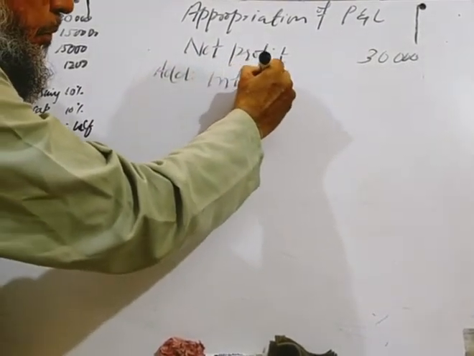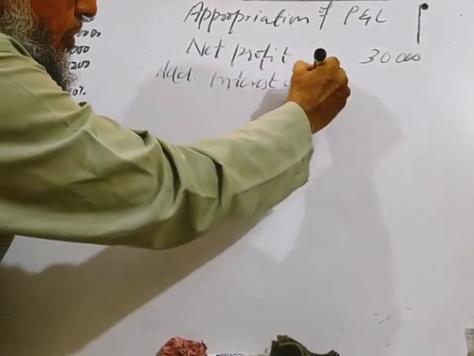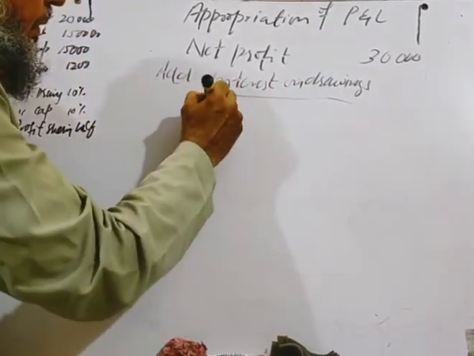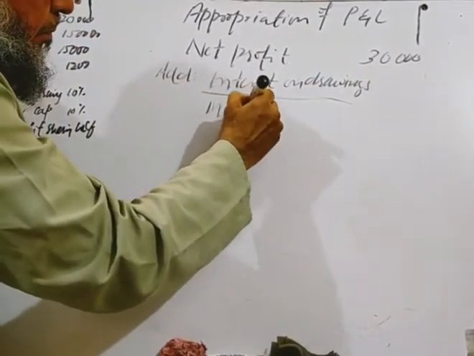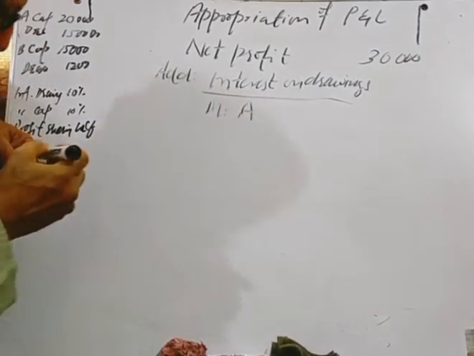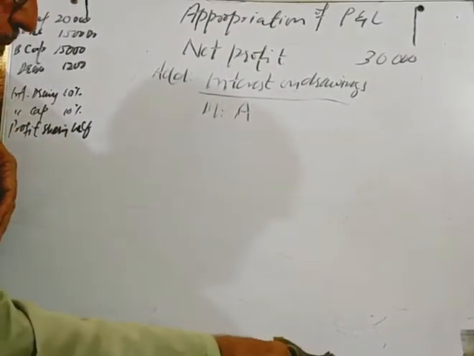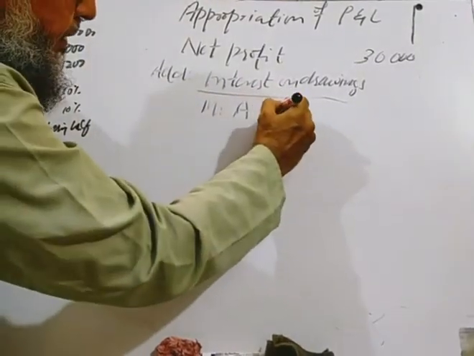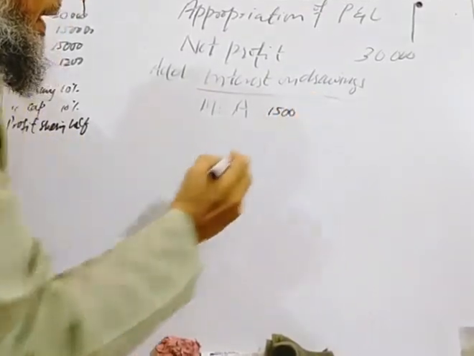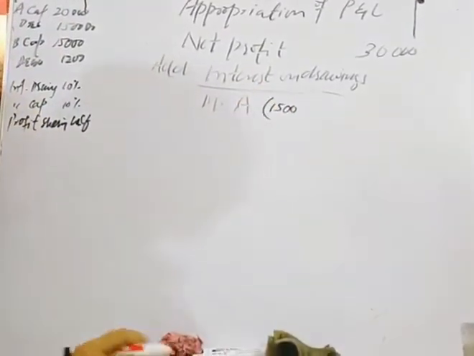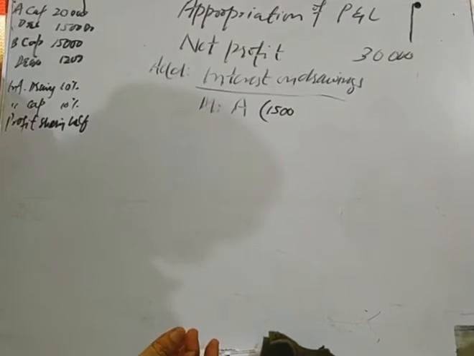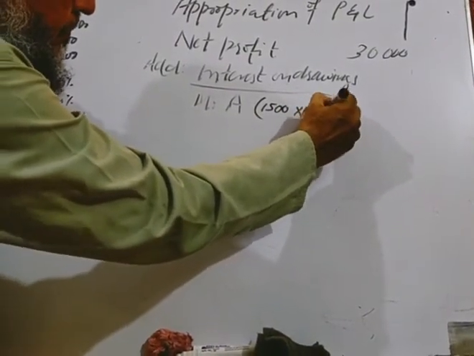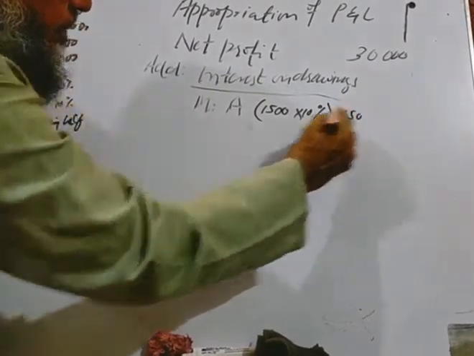So interest on drawings. Mr. A's drawing is 1500 and the percentage of drawing was 10%, which is equal to 150.